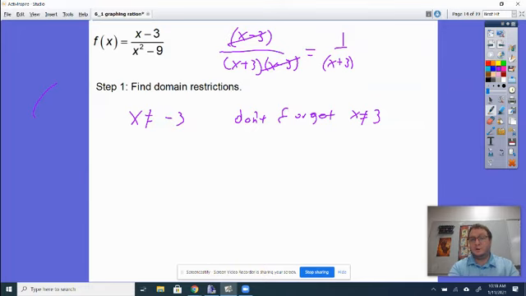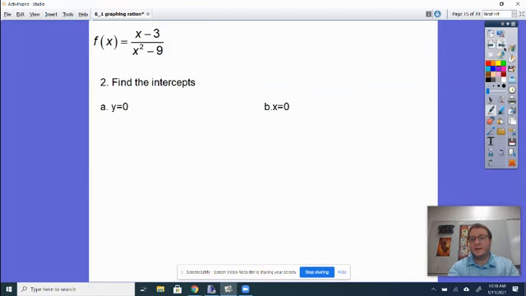So we're going to do this the same way, same steps. Again, let's write the simplified one. I'm going to have an x-intercept at, hold up, do I have an x-intercept? Maybe not. Let's come back to that. I'm going to have a y-intercept, though, if I plug 0 in for x.